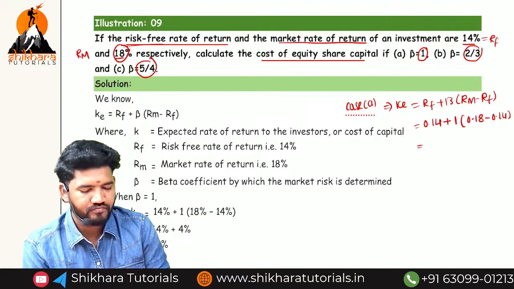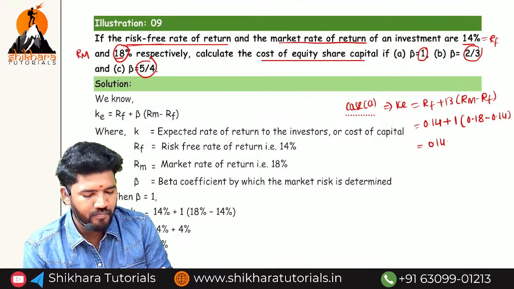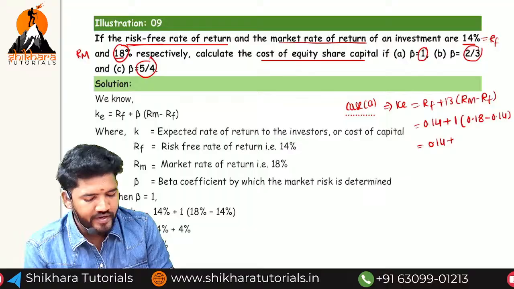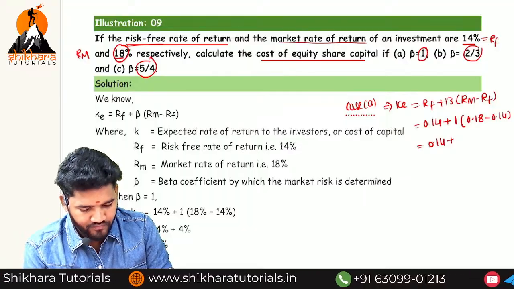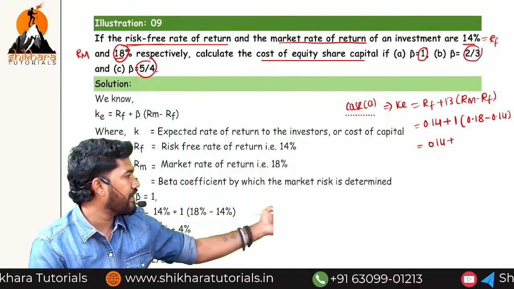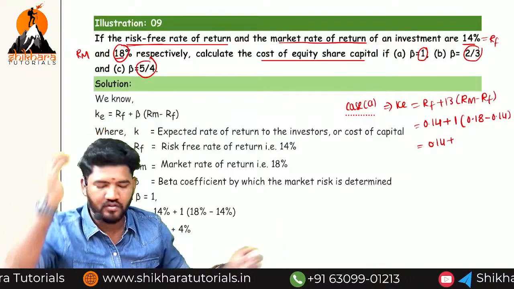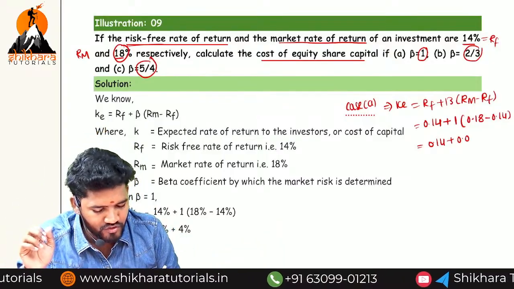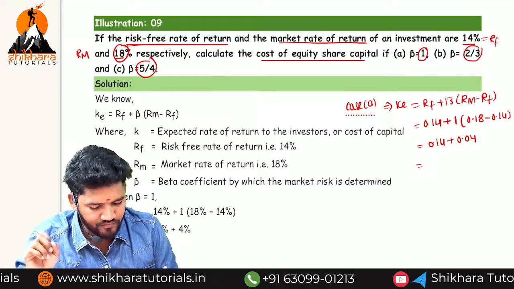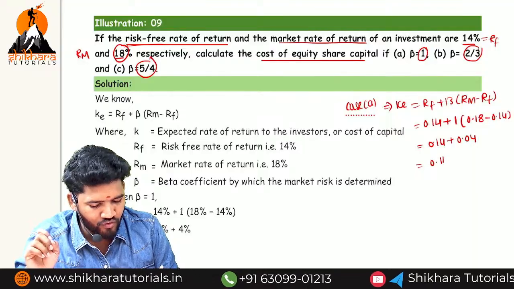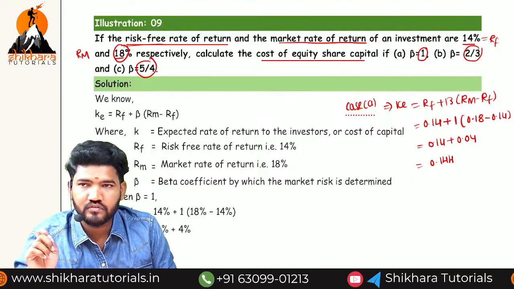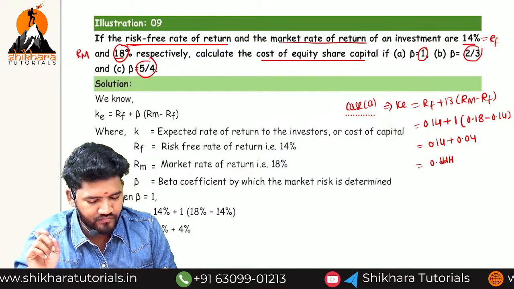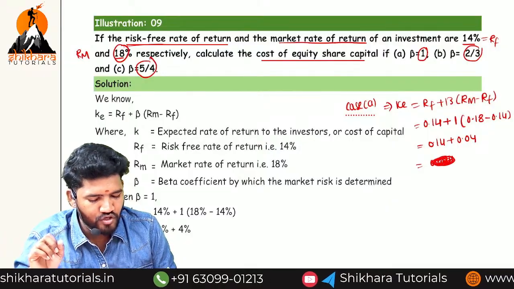So 0.14 plus 1 into 0.04, since 0.18 minus 0.14 is 0.04. Now the answer is 0.14 plus 0.04, which is 0.18.